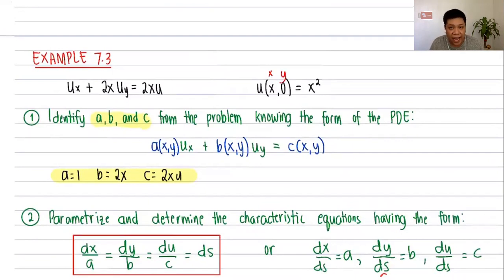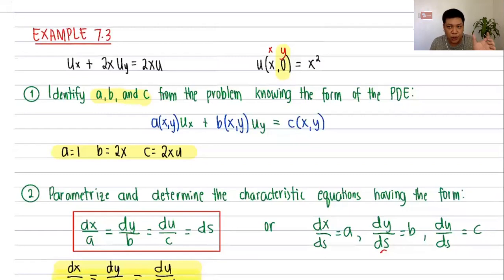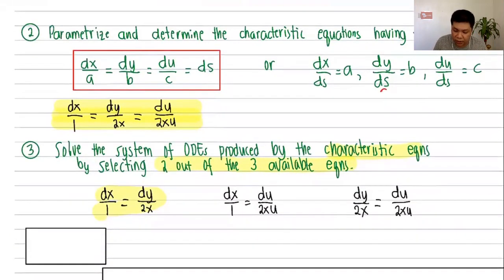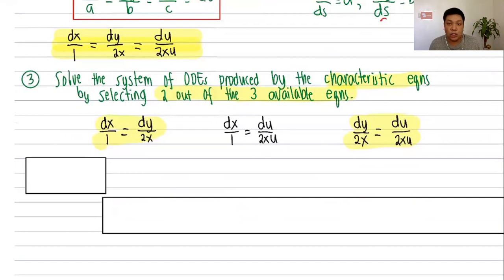Such that the y variable is set to 0, therefore I'll pick du partnered with dy. So du partnered with dy is this third equation over here. So I only need those 2 equations in order for me to solve the problem.